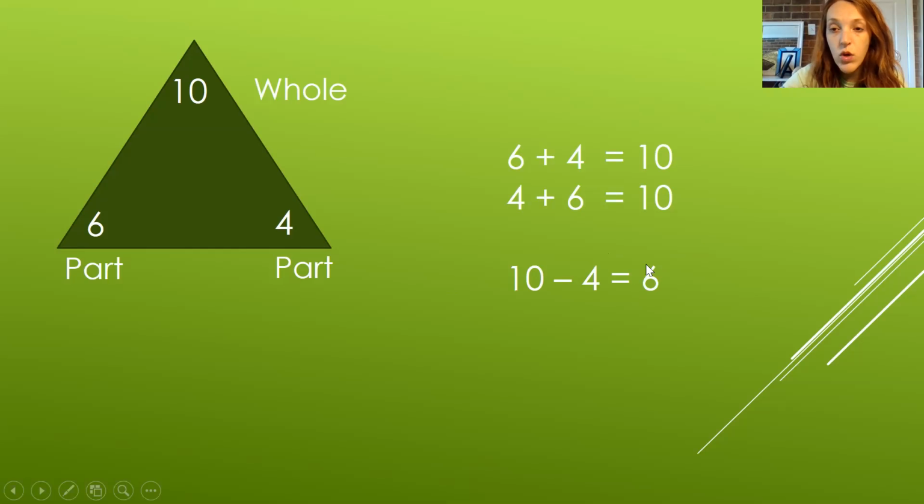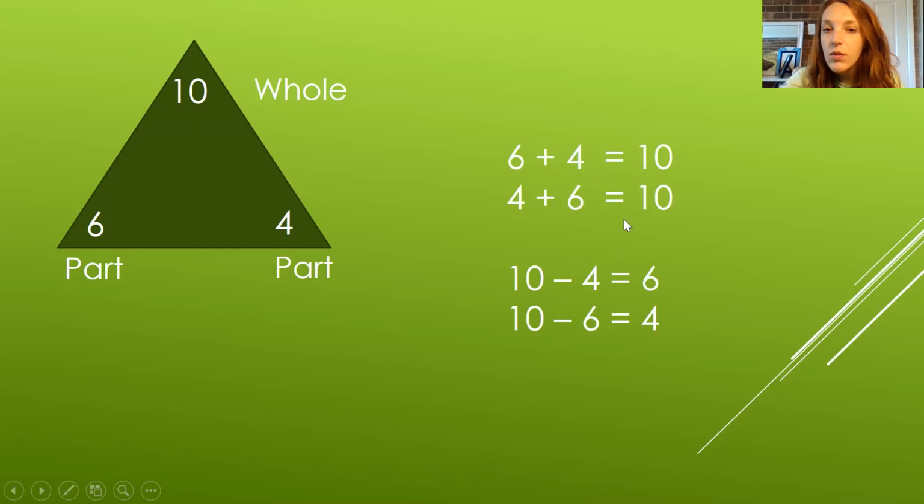And for my other subtraction sentence, if I started with 10 and I took away 6, what do you think my answer would be? 4. So I know this is still tricky, guys, and we're still learning this. We're going to keep talking about fact families over the next few lessons.